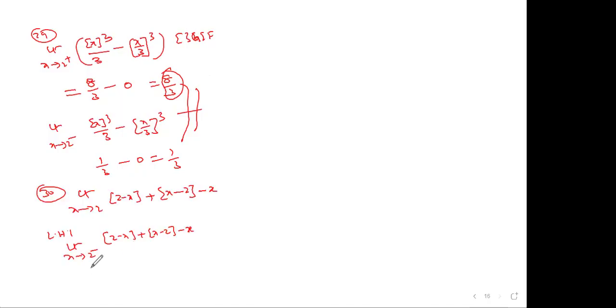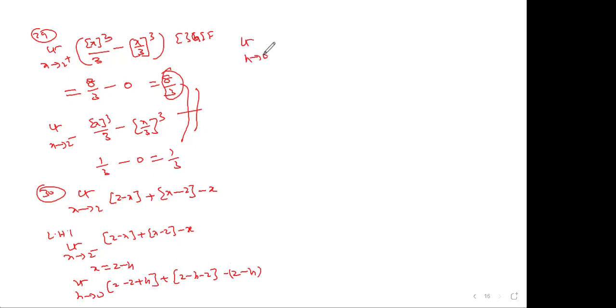Okay, guys, one more question. See this now: x is equal to 2 minus h. If I write limit h tends to 0, this is 2 minus 2 plus h, you will get here 2 minus h minus 2. Of course, this is 2 minus h here. So what is going to happen here?